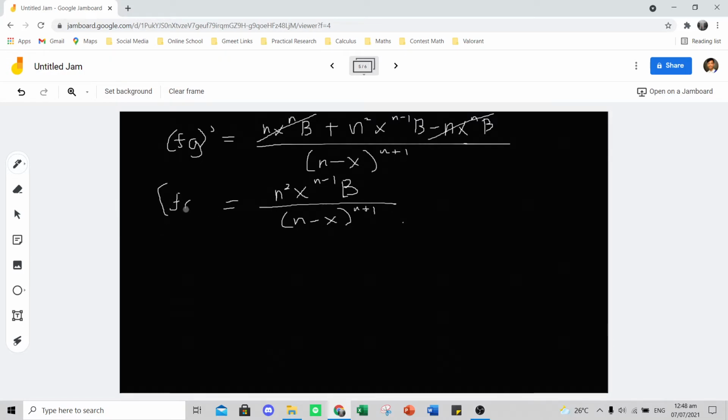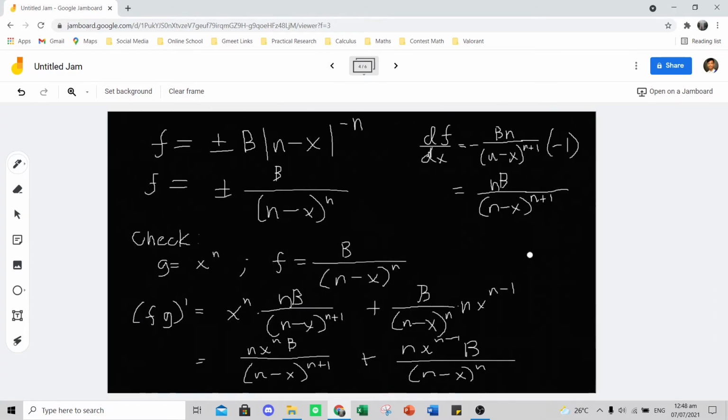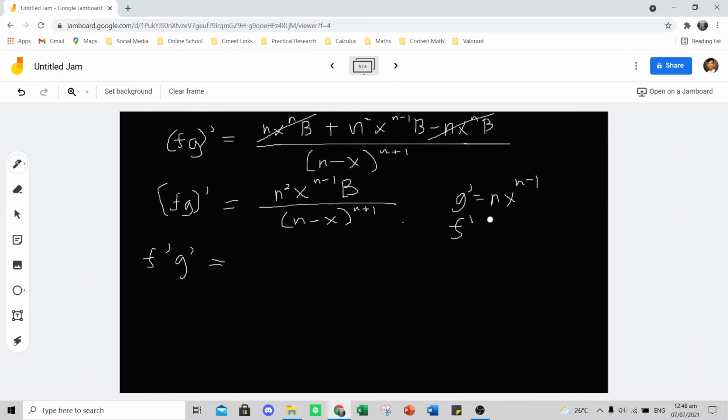And now let's check it with the right hand side. Note that g prime would be equal to n x raised to n minus 1, and f prime, we know, is equal to n b all over n minus x raised to n plus 1. Here we can multiply both of these.